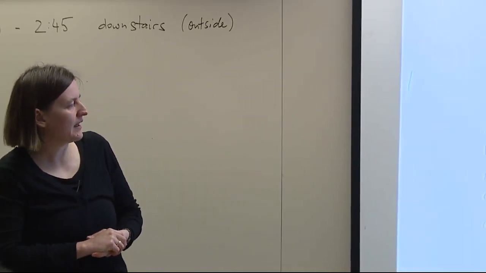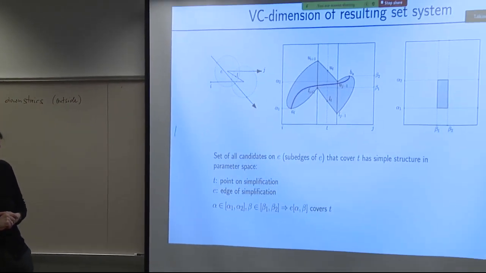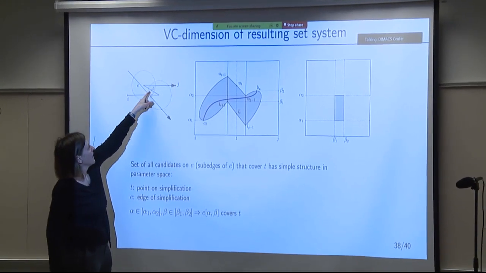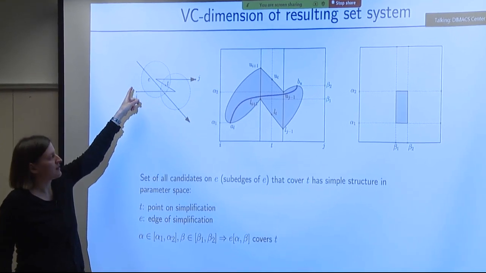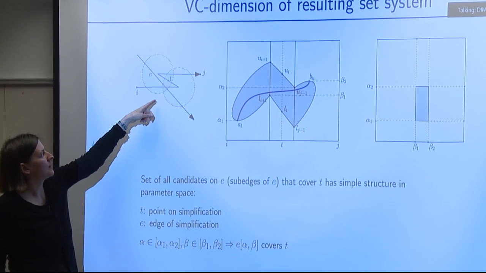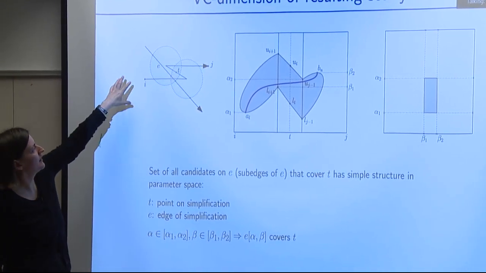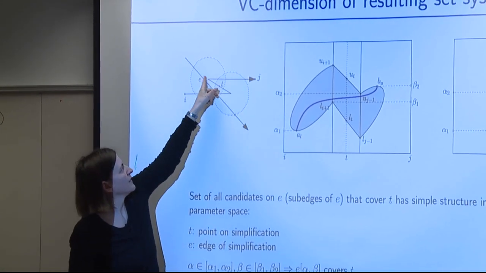So we look at basically this. What does the set RT look like? T is a point not covered, and now I want to know what are the sub-edges of an edge that would cover T. Here I look at a specific configuration where I have these three edges.